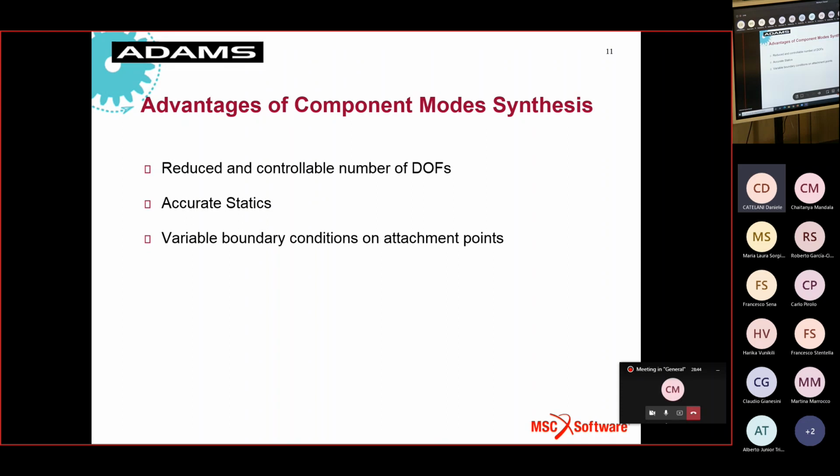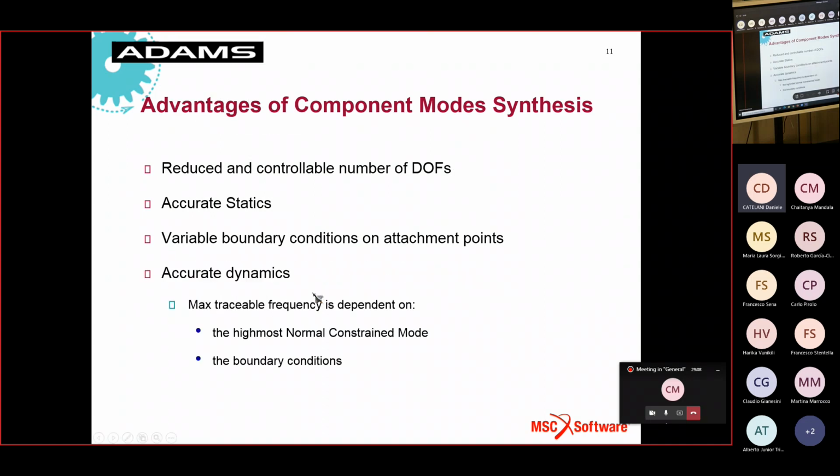So we can create a spherical joint, or a fixed joint, or a revolute joint, or apply a force in one direction, or three forces, or a force with a sinusoidal function, or a force with an impact function, etc. So the conditions in correspondence of the attachment nodes are variable, and this is very important for typical multi-body applications. Another important thing is that we have the precise mass distribution, because in every node we have mass and inertia.